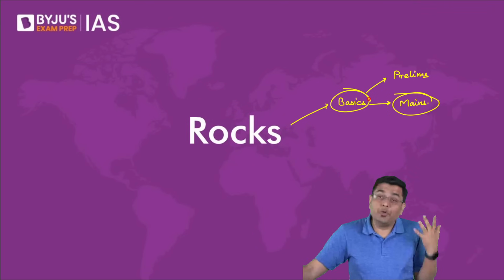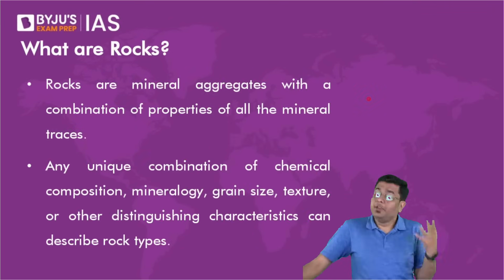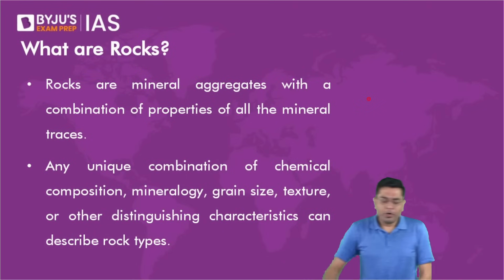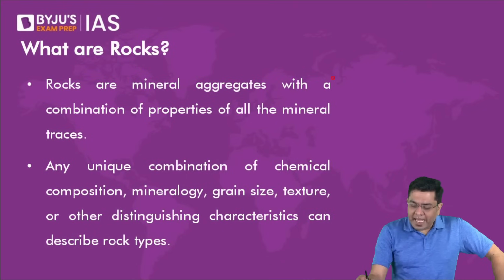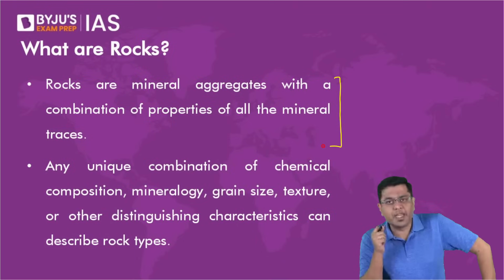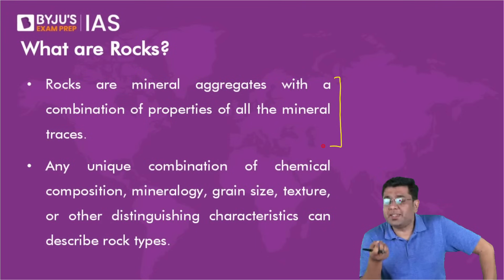Now, based upon how they have come into existence, you have various different types of rocks. So when we talk about rocks here, they are mineral aggregates with a combination of properties of various different elements taken together. Each of these rocks will have its own properties depending upon the mineral which is dominant.